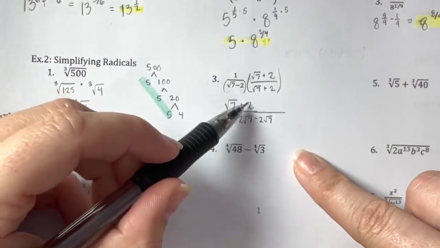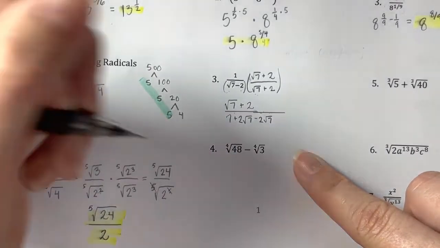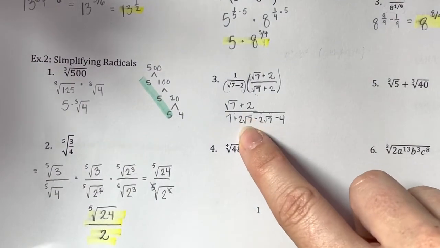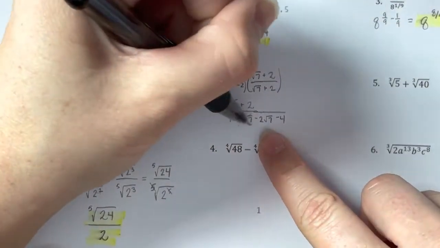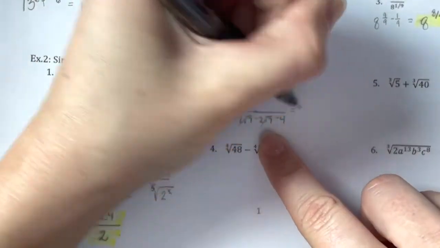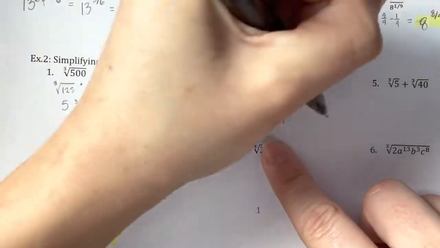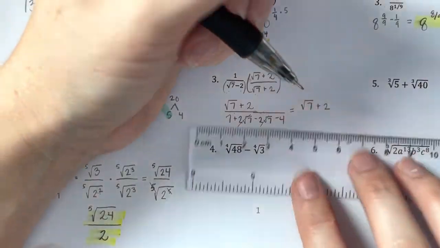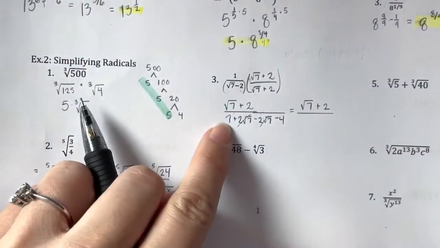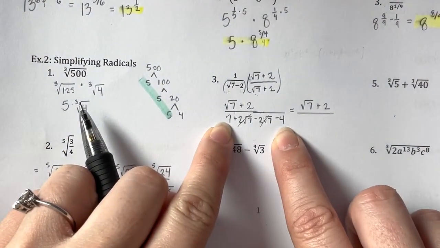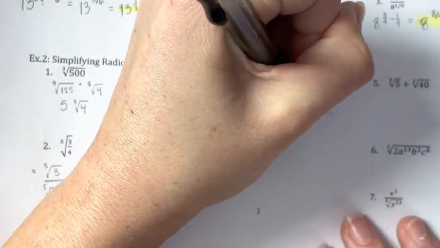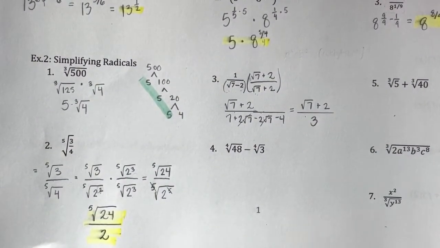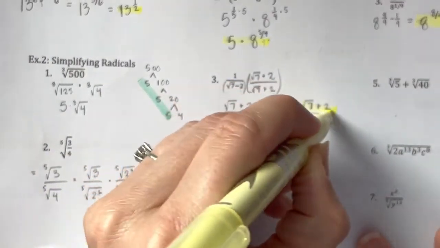And then negative 2 times 2 is negative 4. But then the positive 2 root 7 and the negative 2 root 7 cancel out. So we're just left with root 7 plus 2 in the numerator over 7 minus 4 in the denominator. So 7 minus 4 leaves us with 3. So root 7 plus 2 over 3.